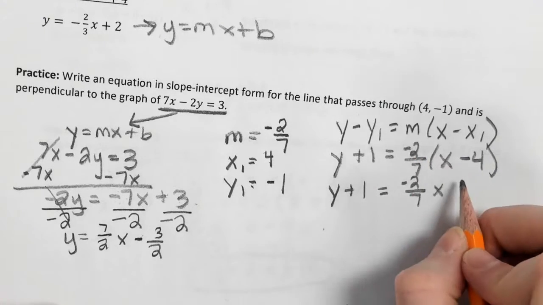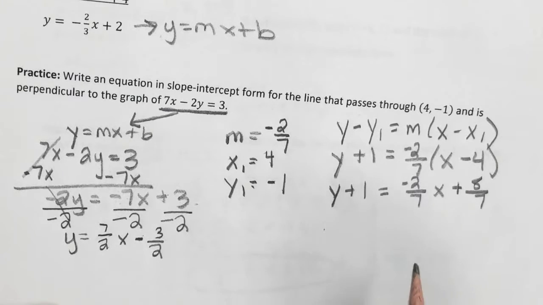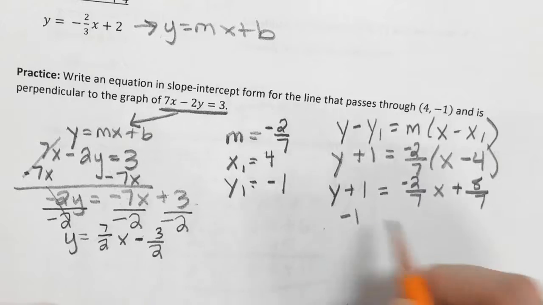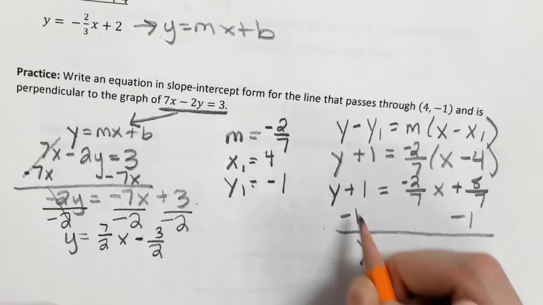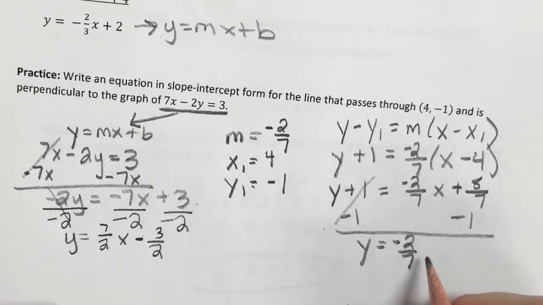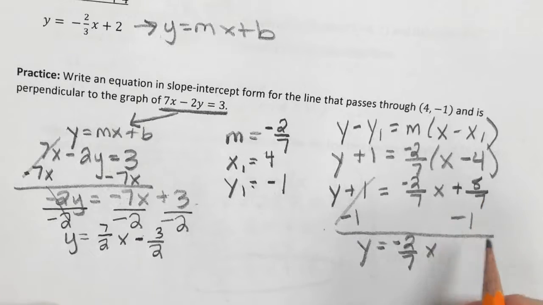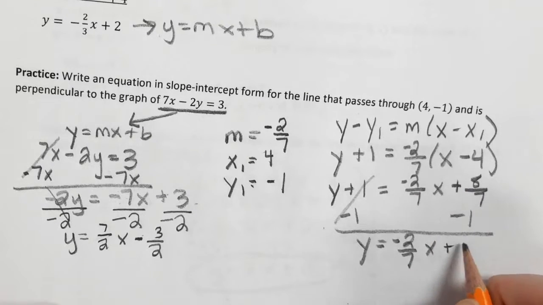Negative 2 times negative 4 is 8 over 7. And now we subtract 1. So y is equal to negative 2/7 x, 8/7 minus 1, or minus 7 over 7. Is 1/7.